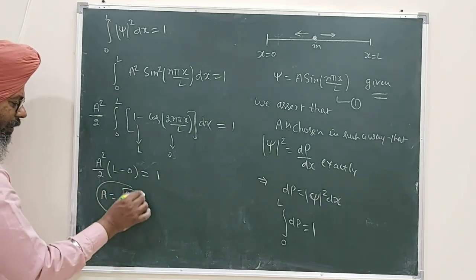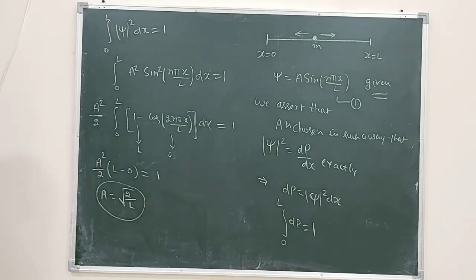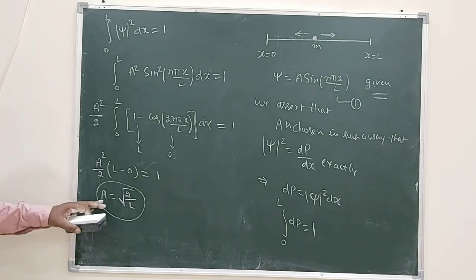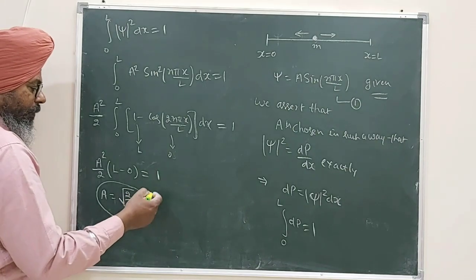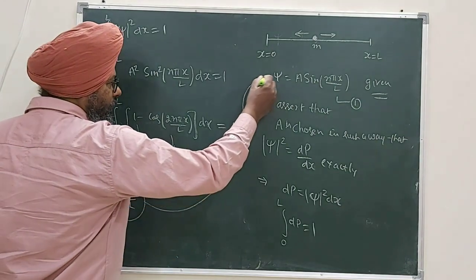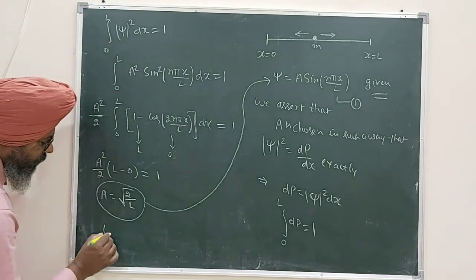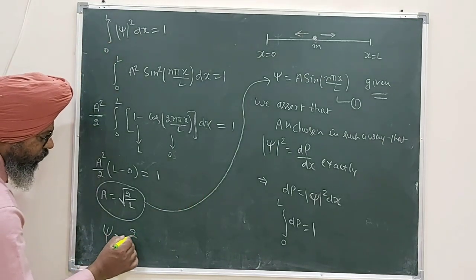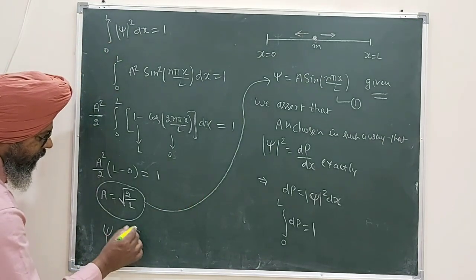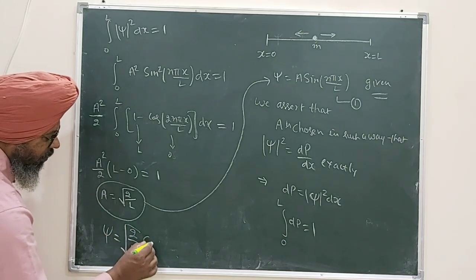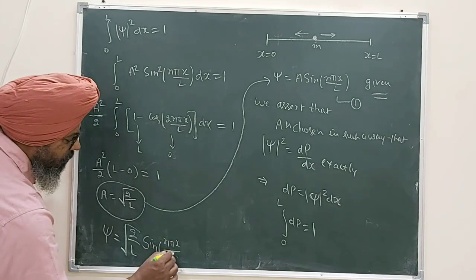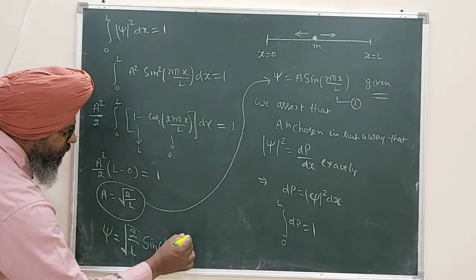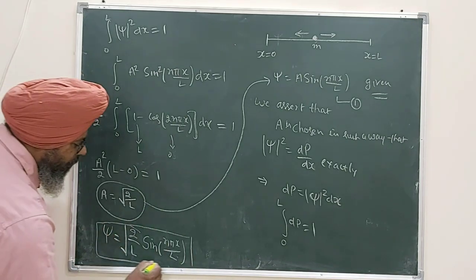Now this value of a is suitable for us. If I choose a equal to this, square root of 2 by L, and insert this value of a in equation 1, then the wave function psi is equal to square root of 2 by L sine of n pi x by L. Then this wave function becomes normalized.